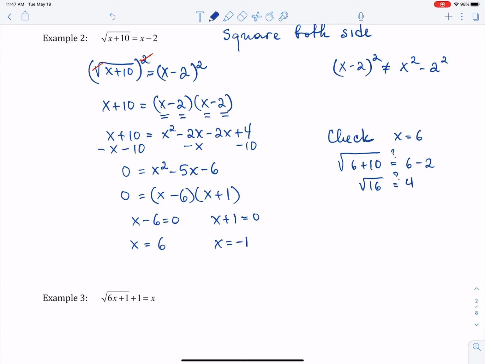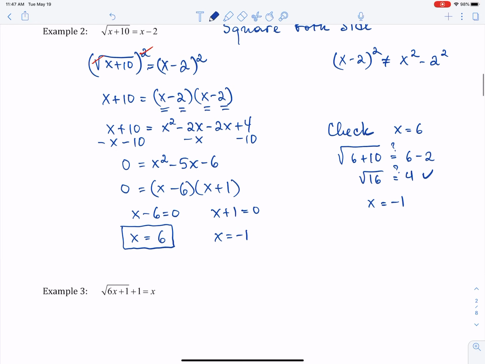Check with x is equal to negative 1. Again, in the very original problem, negative 1 plus 10. Is it equal to negative 1 minus 2? Or that's square root of 9. Is it equal to negative 3? And those are not equal, so it turns out that x equals negative 1 is an extraneous solution.